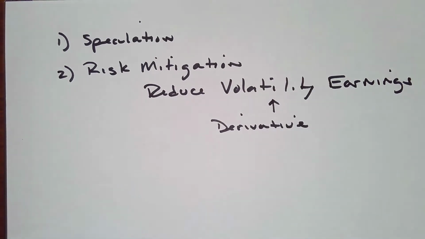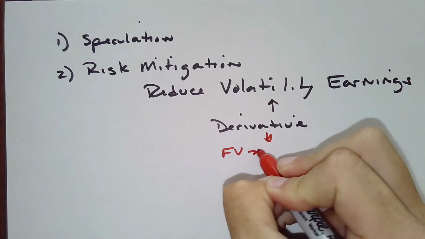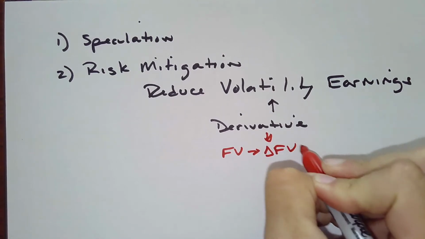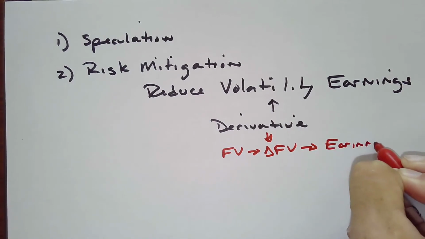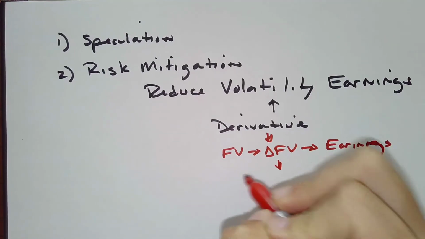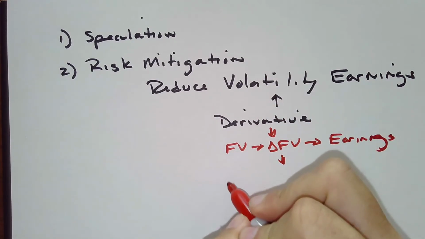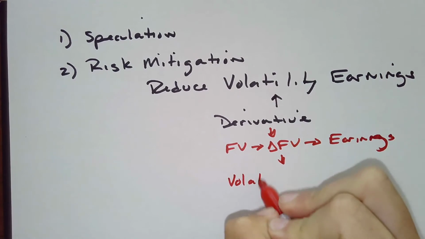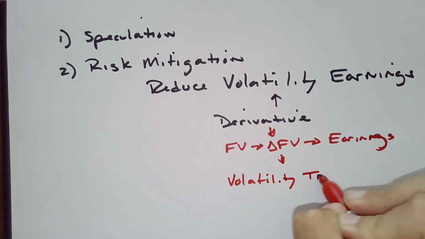The problem is, because derivative accounting is fair value, with the changes in fair value going through earnings, this does create volatility in their earnings. This derivative contract creates the volatility that they were trying to eliminate.